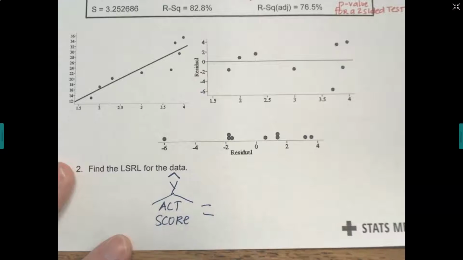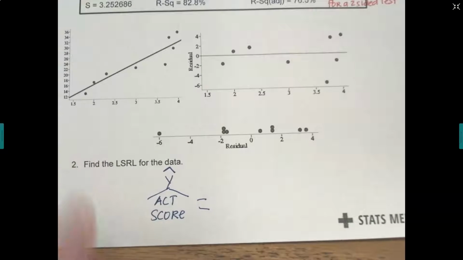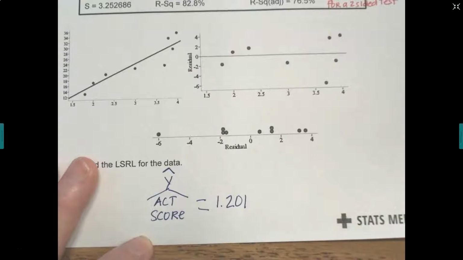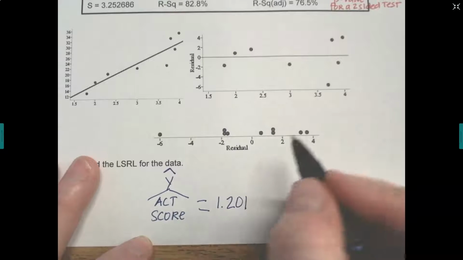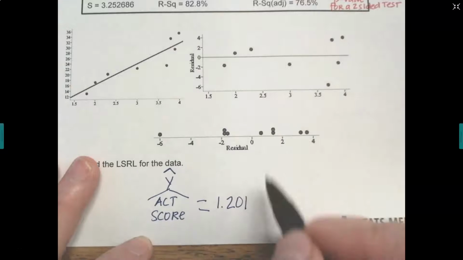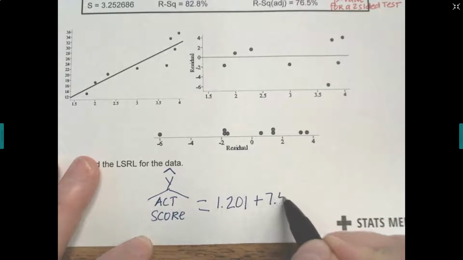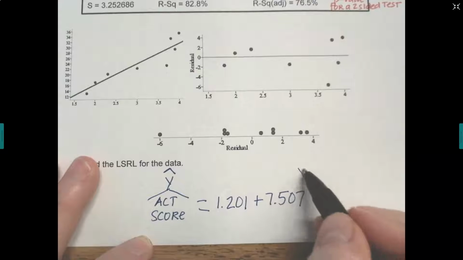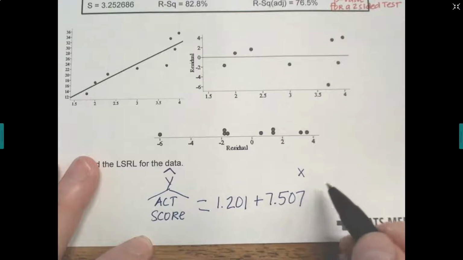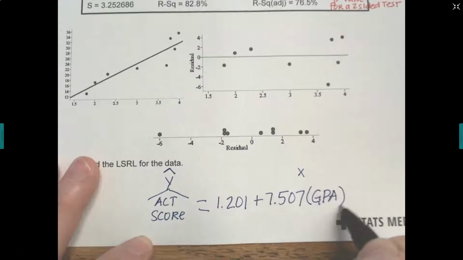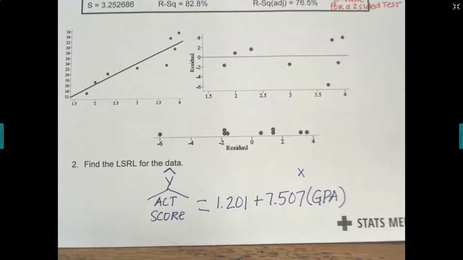I'll put a hat over it, equals A, which is 1.201 that we got above, and then plus or minus B. It's a positive, so plus 7.507. X would normally go here, but X refers to your GPA, so we'll write GPA in. So here's the equation of our least squares regression line.